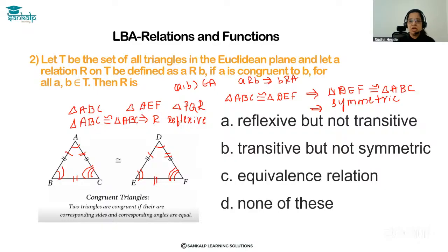Now take three triangles: triangle ABC, triangle DEF and triangle PQR.